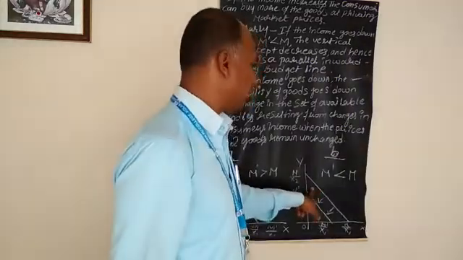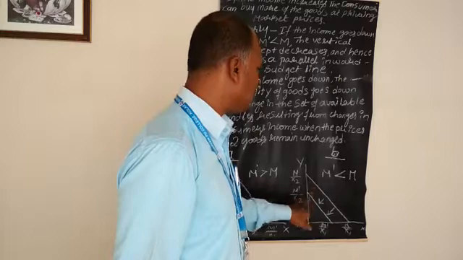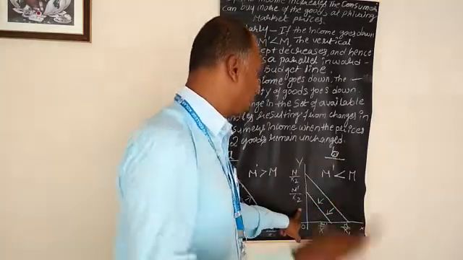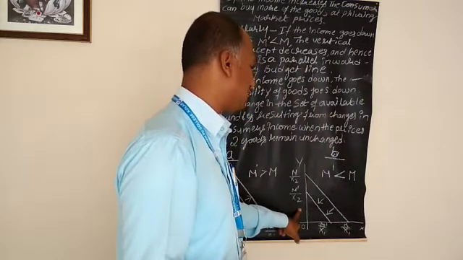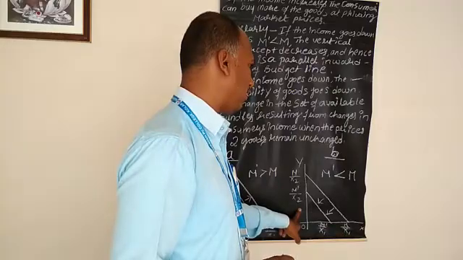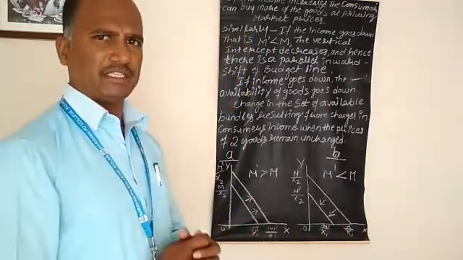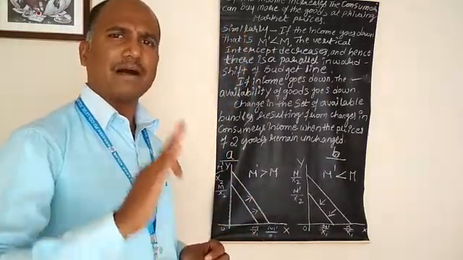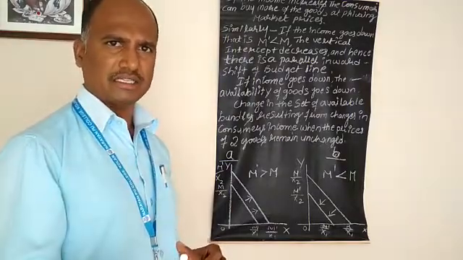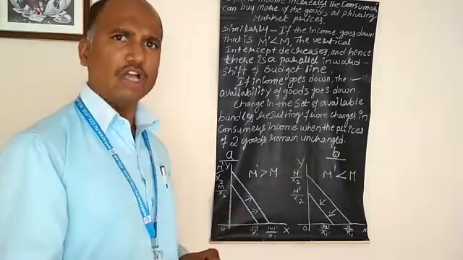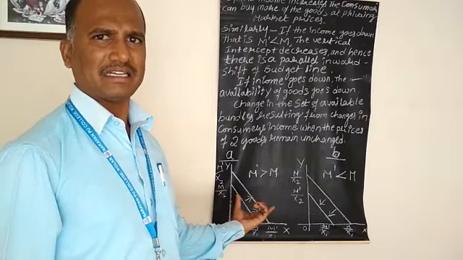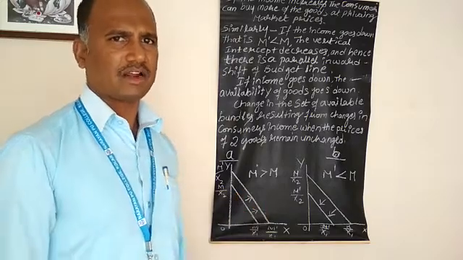When income decreases, the consumer can buy a smaller quantity of goods and services at prevailing market prices. So when the consumer's income changes, the budget set also changes, and the budget line also changes. This is what we discussed in detail in this class. The remaining we will discuss in the next class. Thank you.